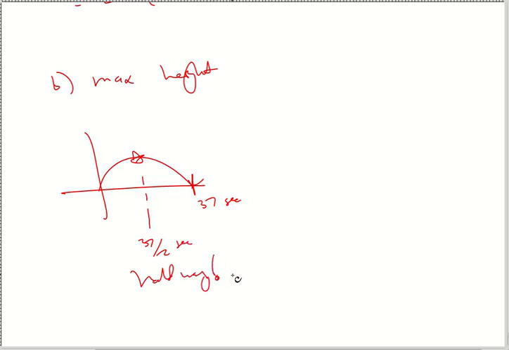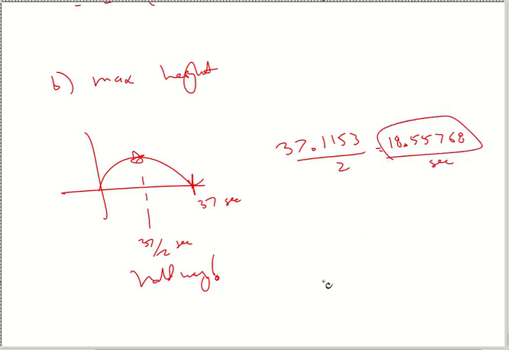Halfway is the maximum, and that's actually a key component of this basic style that we have for projectiles here. So then I'm going to take my 37.1153 divided by 2, and I get 18.55768, again, seconds. Okay, so that's going to be important.